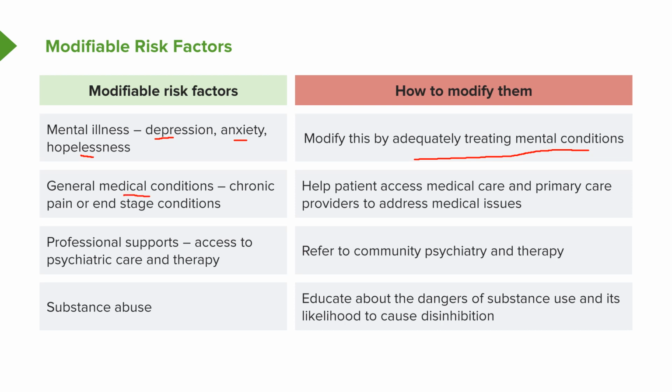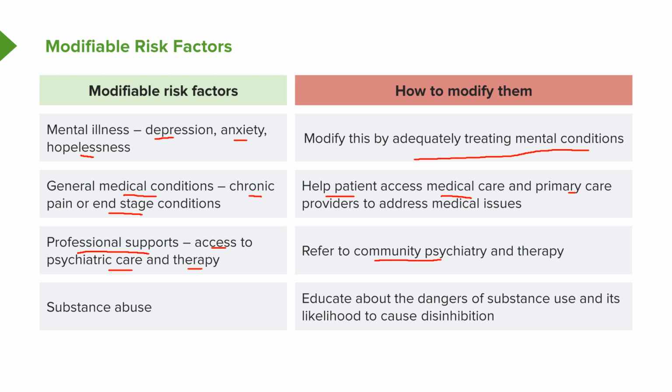So general medical conditions like chronic pain or end-stage conditions, if we help the patients access medical care or primary care, providers can address medical issues, they can also be modified. Professional supports like access to psychiatric care and therapy can also be modified because you can refer them to resources within the community, like community psychiatry or therapy.